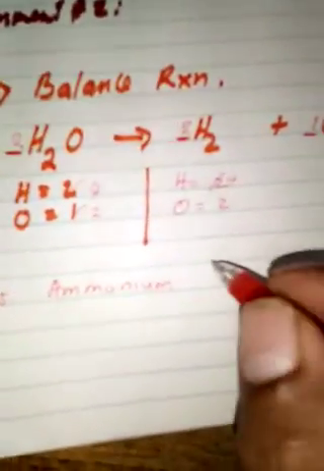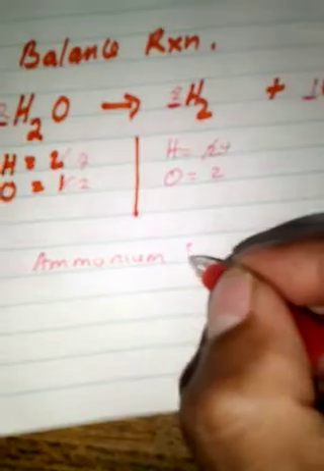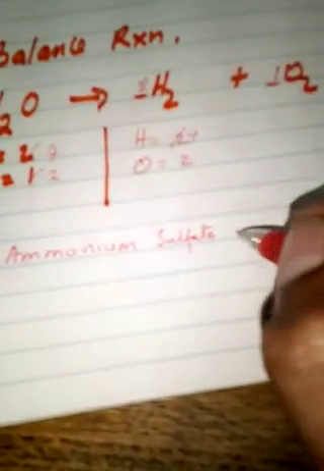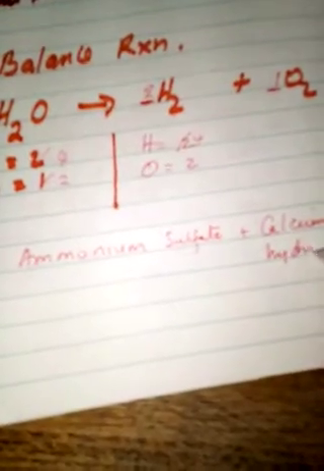Now, let's say ammonium sulfate reacts with calcium hydroxide.